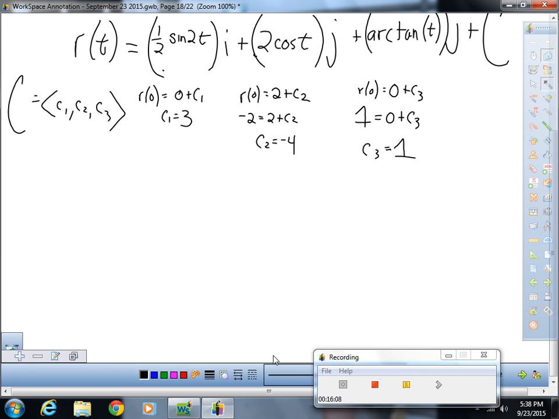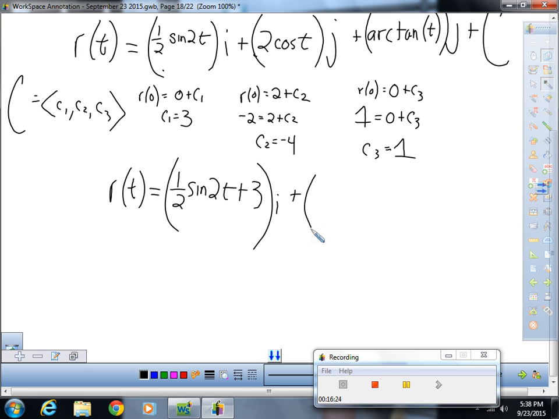So that means that our parent function, r of t, must be 1/2 sine of 2t plus 3i plus 2 cosine of t minus 4j plus the arctan of t plus 1j.